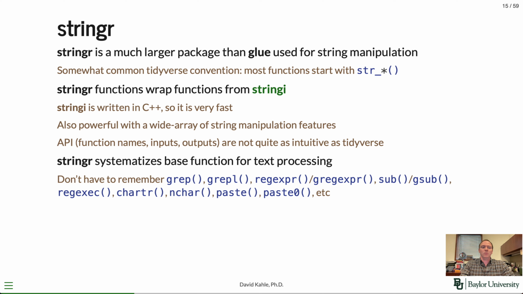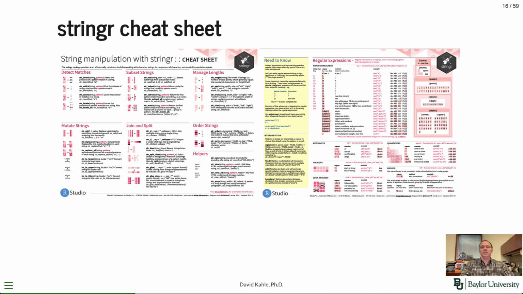Okay. The last thing that I want to say about stringr before we move on to the next video is that there is a cheat sheet online that RStudio created that is very, very useful, like the rest of RStudio's cheat sheets, when you're just getting into something, okay? So I would encourage you to find this cheat sheet online. It's just a PDF, 2 pages, print it out front and back, and just keep it handy when you're starting to do string processing.